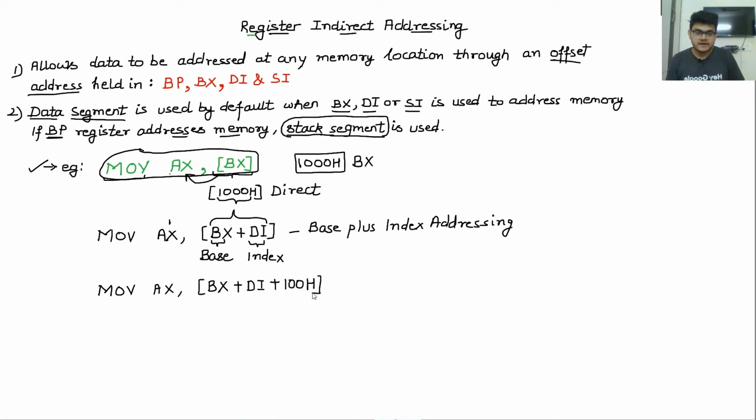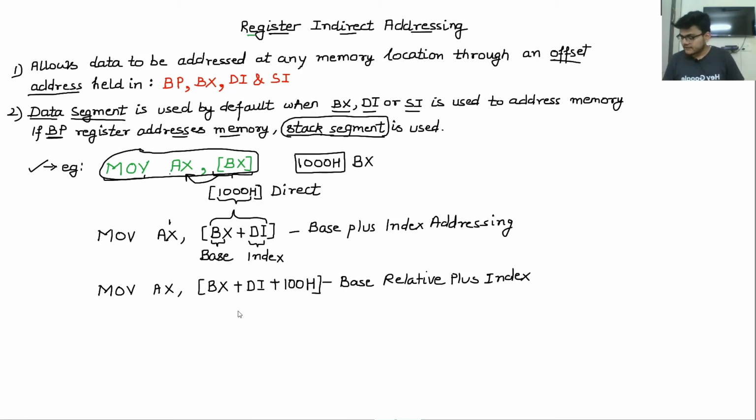Let's say 100H is the displacement I'm going to add. This type of addressing is known as base relative plus index addressing.